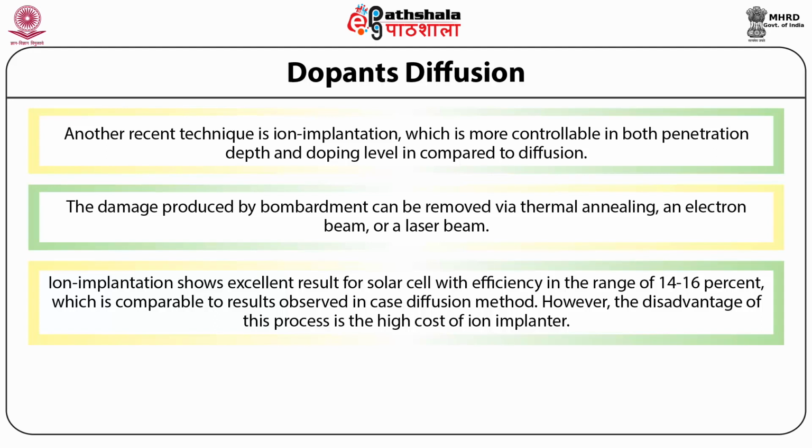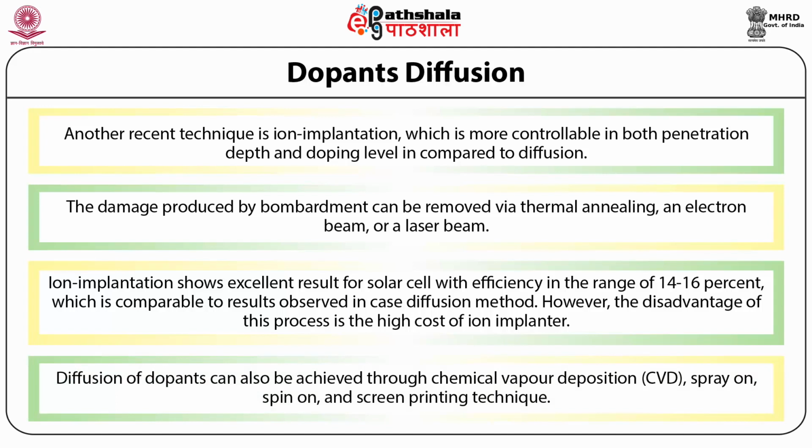However, the disadvantage of this process is the high cost of ion implanter. Diffusion of the dopants can also be achieved through chemical vapor deposition (CVD), spray-on, spin-on, and screen printing technique.